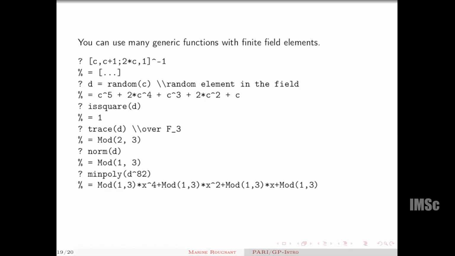So everything works well, but you have to be really careful to use a generator each time, because this generator tells the software that you are working with a finite field.